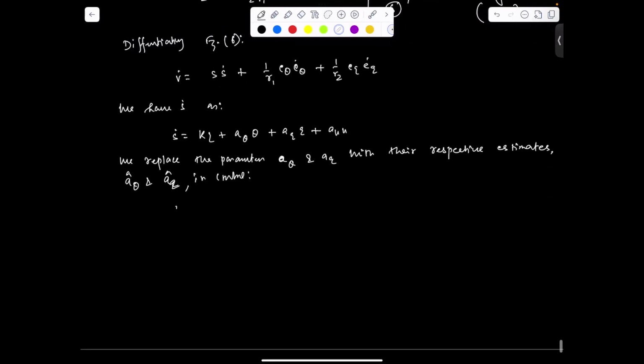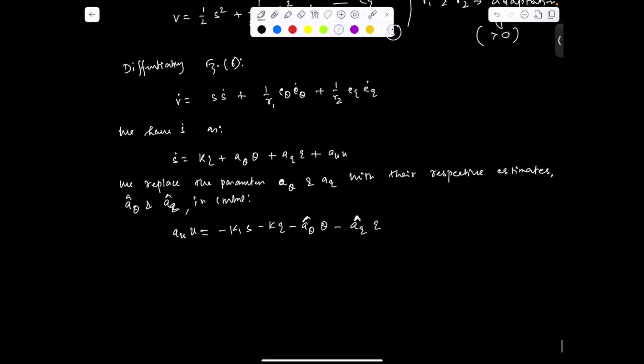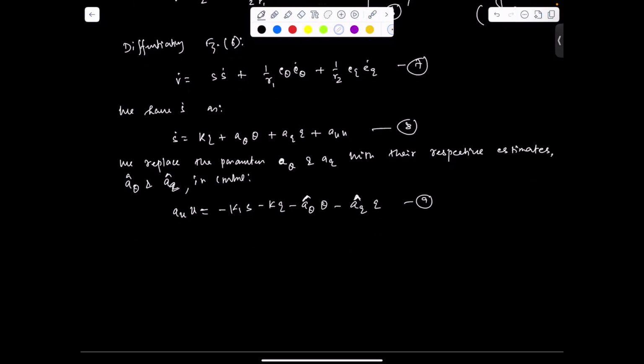The control expression becomes A u u equal to minus k1 s minus kq minus A theta cap theta minus AQ cap q. This part we'll substitute here in S dot. Let us define this as equation 7, this as 8, and this as equation 9.